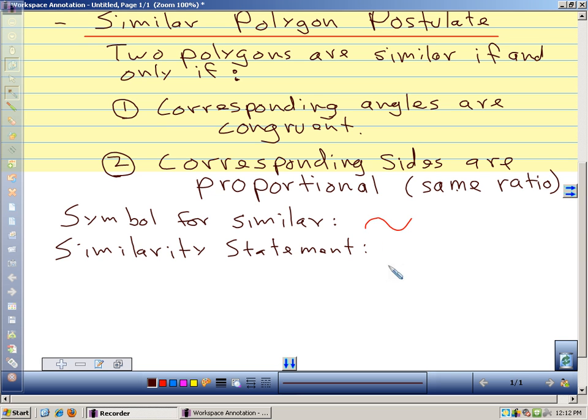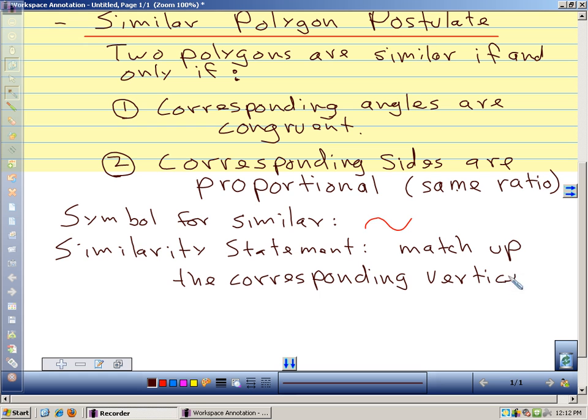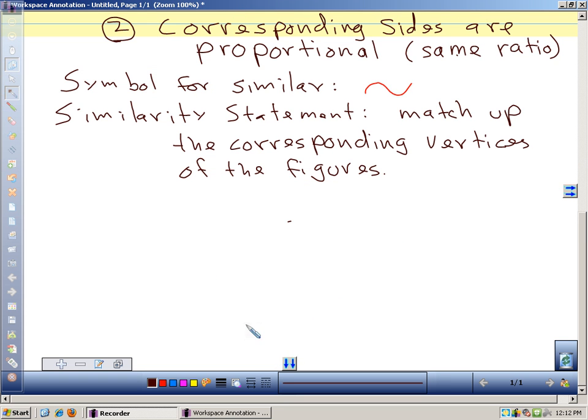It just matches up the letters of the vertices of the two figures. And our similarity statement tells us how the figure matches up.